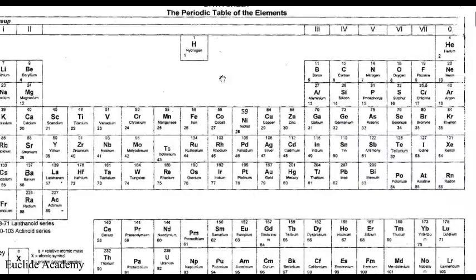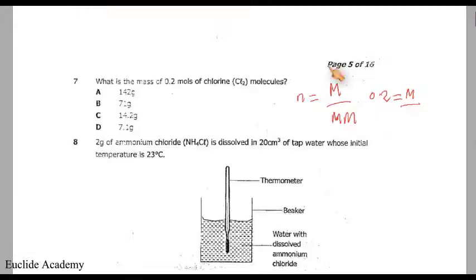So for chlorine, when we go on the periodic table, we find it is 35.5, but in this case it is diatomic. There are 2, so we multiply that by 2, so the mass will be 35.5 times 2. What do we get? We get 71.